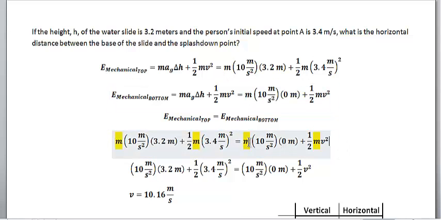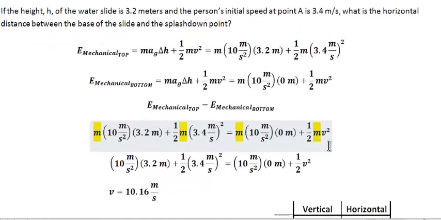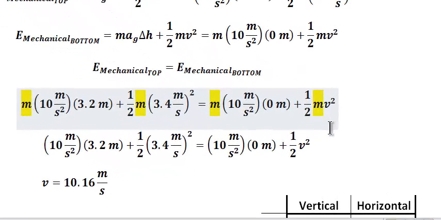The reason I wanted to do that is because we don't know the mass, but I highlighted here in yellow that the mass appears in all four of these terms. So I just divide each term by mass on both sides of the equation, and it goes away. So it doesn't matter that I didn't know mass. Actually, in this particular case, mass has nothing to do with it.